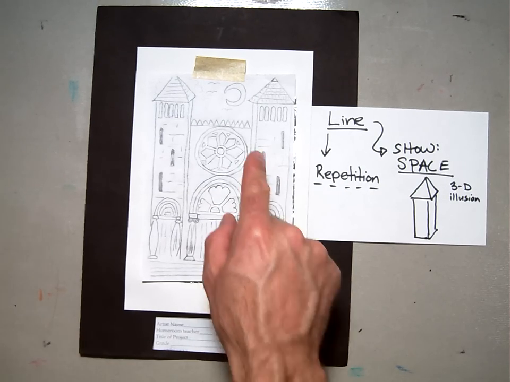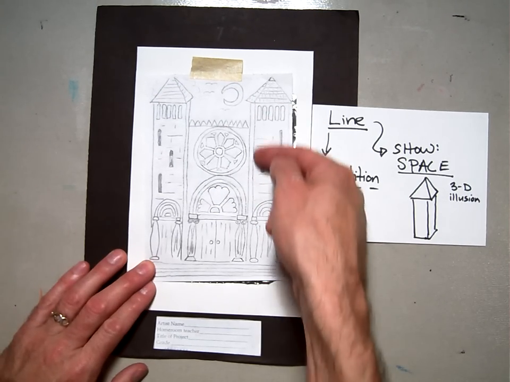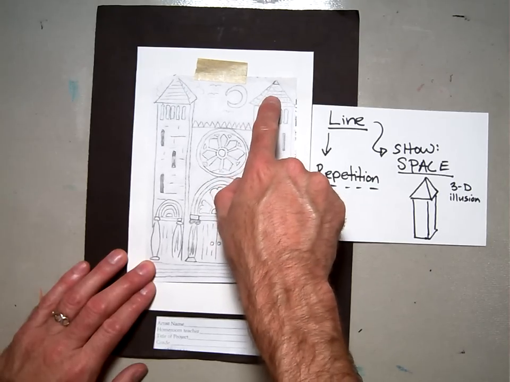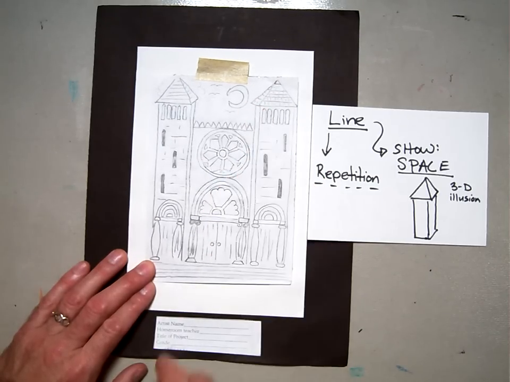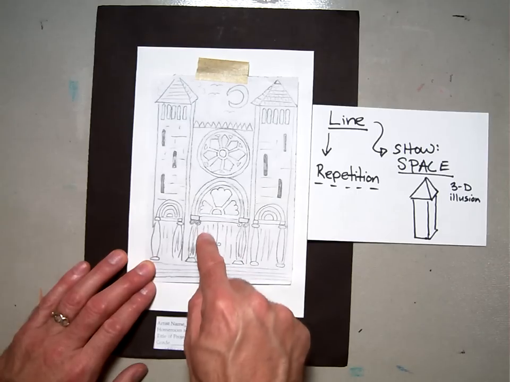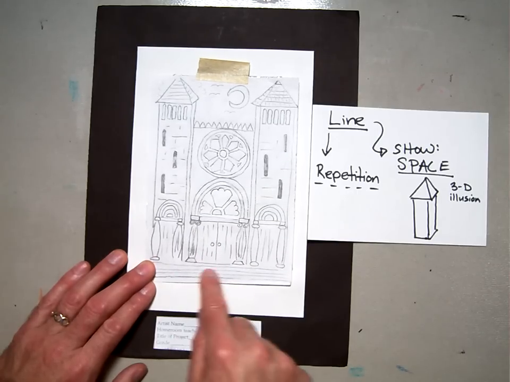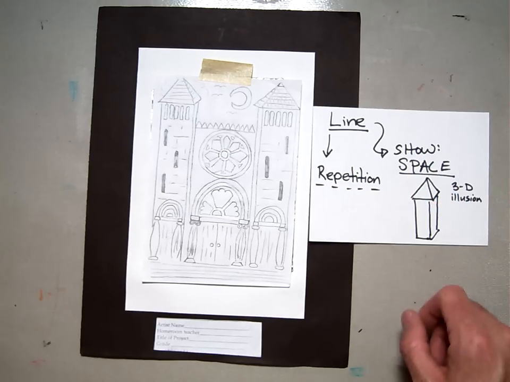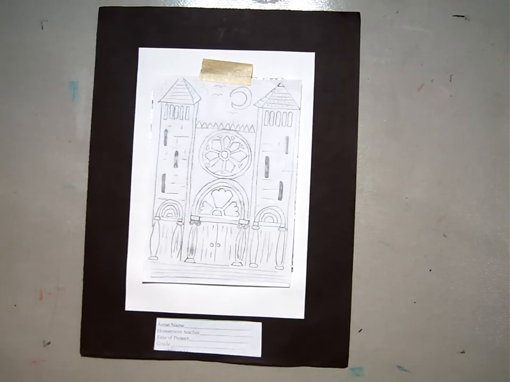So let's say it's the repetition of these lines creating the tower, or the repetition here in the top of the tower that creates the shingles, or maybe the repetition of the wooden lines on the door or these stairs in front. So how can you use the element of line to show those two things?